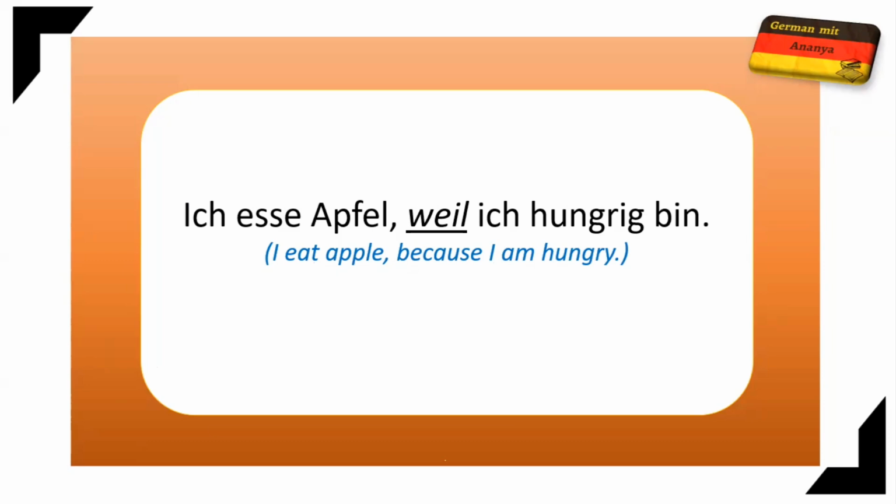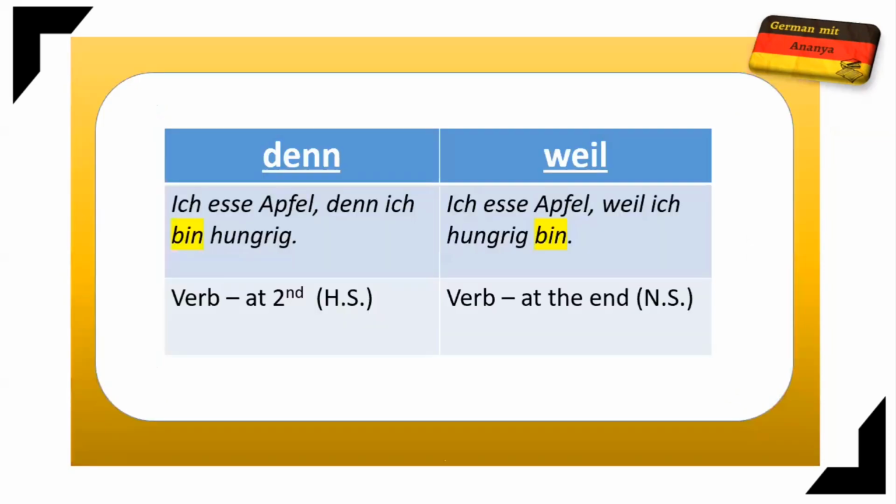So you can see here, bin is at the end. You can see the comparison. With denn, the verb is at the second position. That's why this is Hauptsatz. And with weil, I'm focusing only on the second sentence: the verb is at the last. So this is Nebensatz.